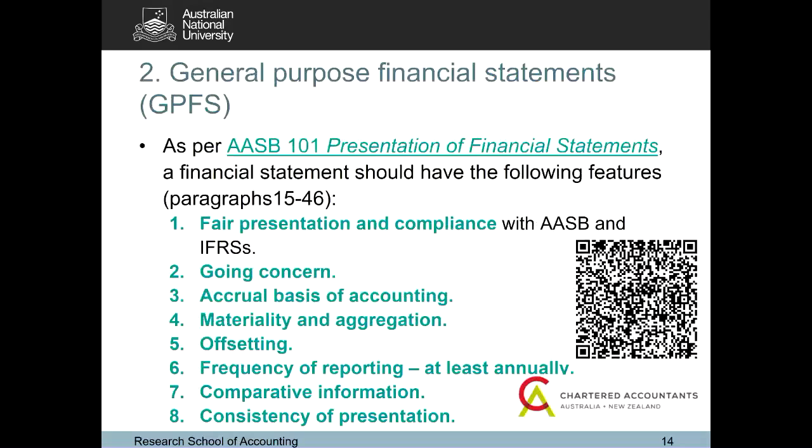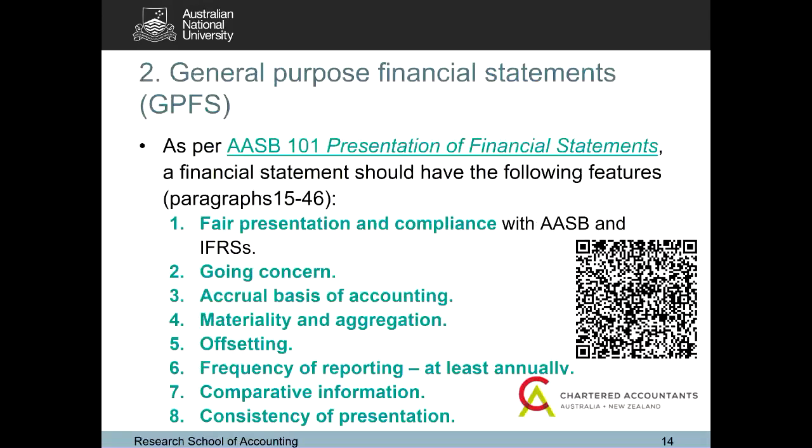Materiality and aggregation. When we see the financial statements, we do see the line items, right? We don't really see them disclose a computer, a chair, a desk, a lectern. You don't really see items like that. You will see maybe something aggregated together, if they are a similar class of items.